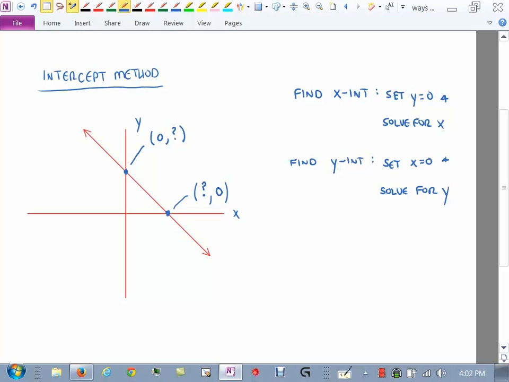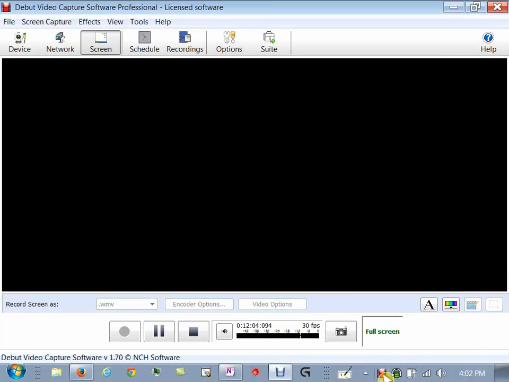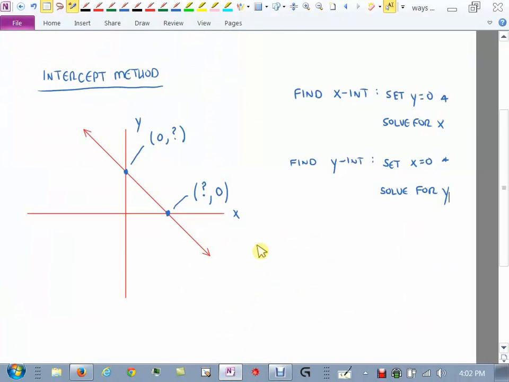When would this not work? When could we potentially run into an issue here? What if it's a horizontal line?